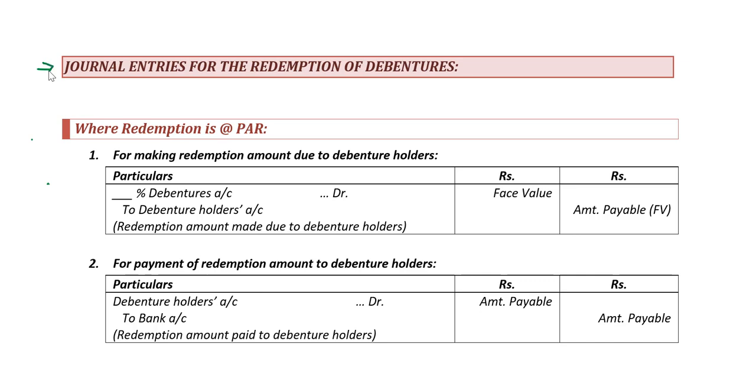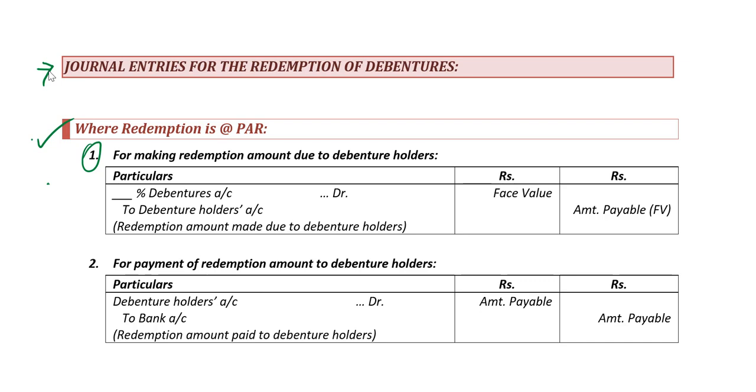Let's learn the journal entries for the redemption of debentures. We've seen that debentures can be redeemed at par or at premium. Where the redemption is at par, the first journal entry is to make the redemption amount due to the debenture holders.